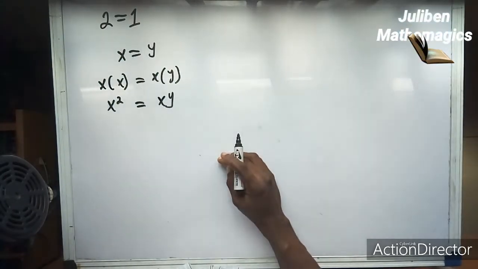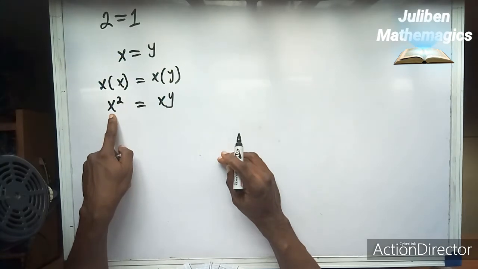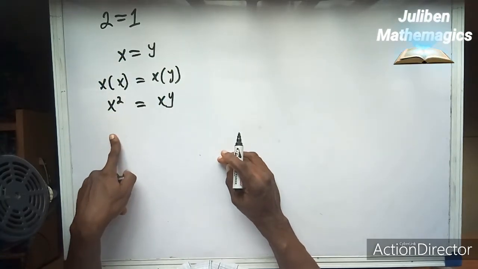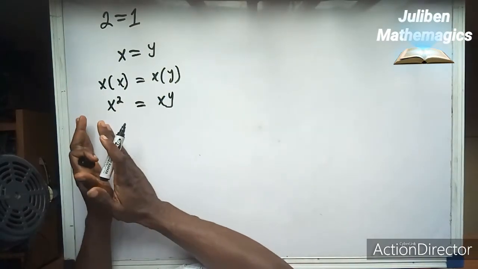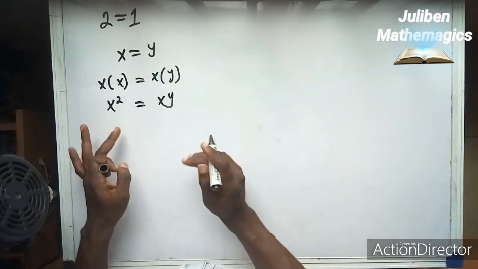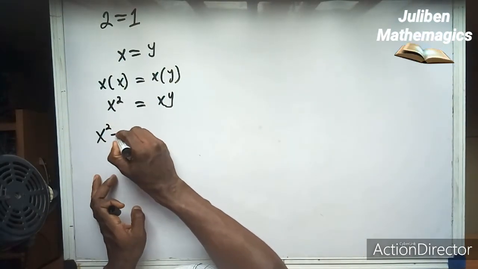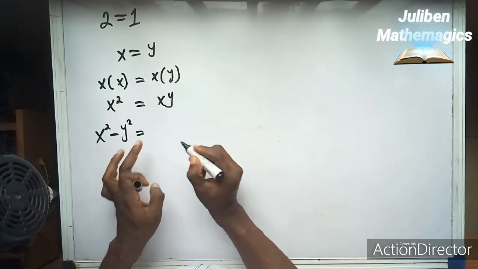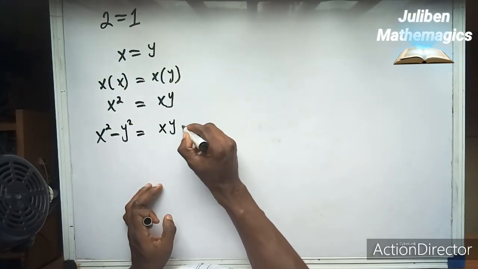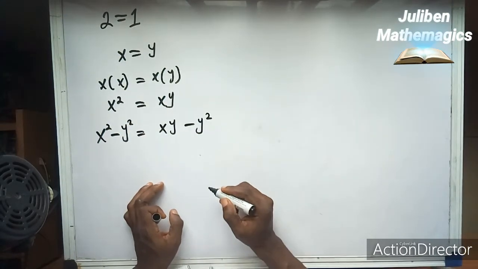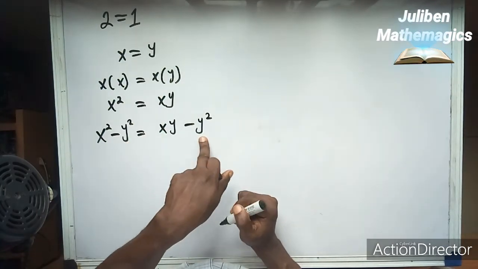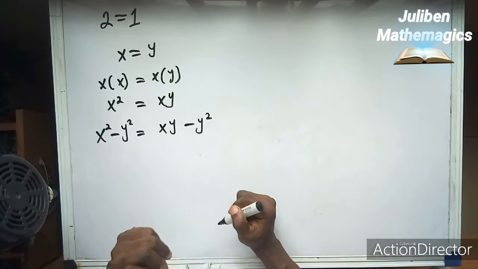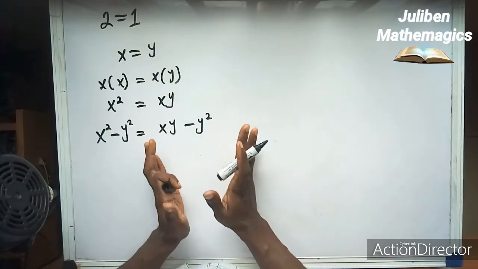Now I am going to subtract y squared here, and I'm also going to subtract the same y squared here, so that what I do here, I do here, and that's equality. So x squared minus y squared will be equal to xy minus y squared.